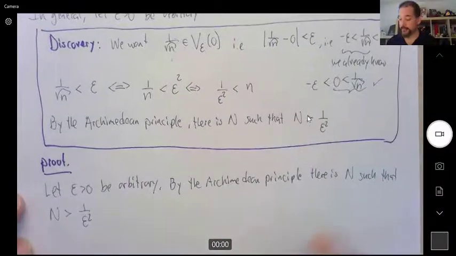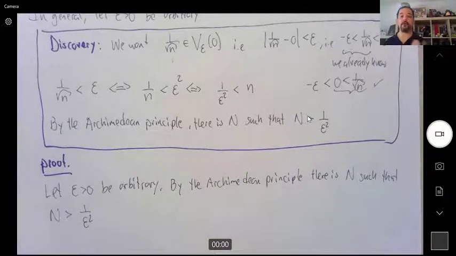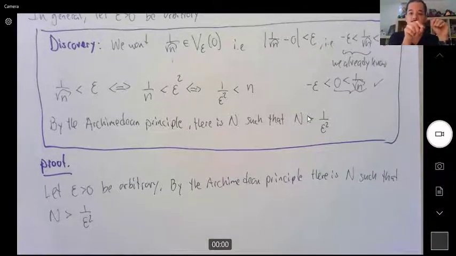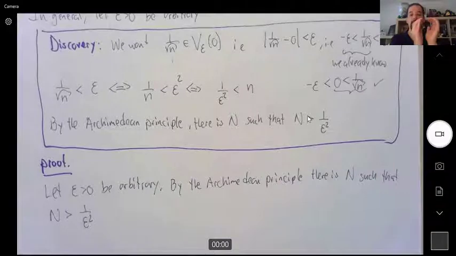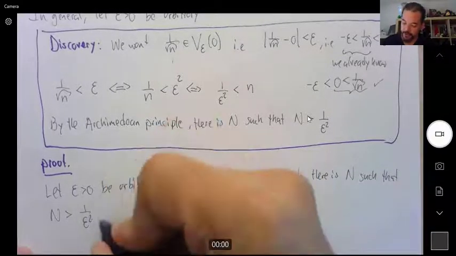And then we check that this capital N works. What do I mean by that? We have to check that if you pick an element in the sequence which is after this capital N, then that element in the sequence is already in the epsilon neighborhood around 0. So that's what we're going to check now.